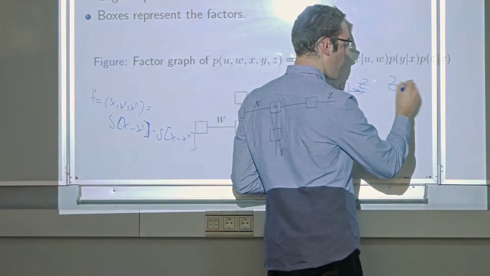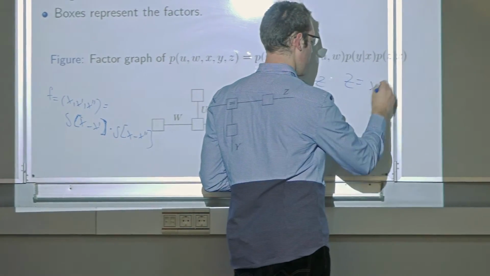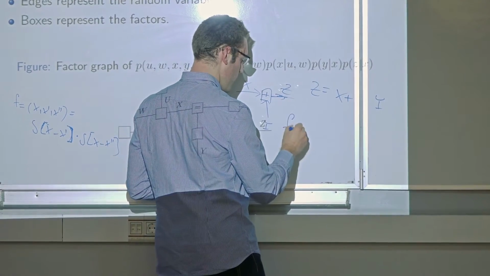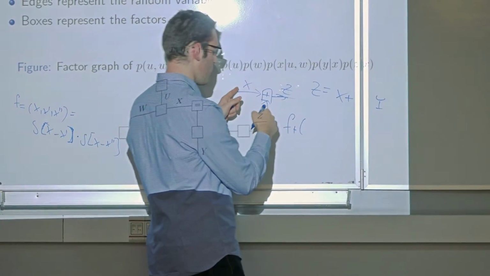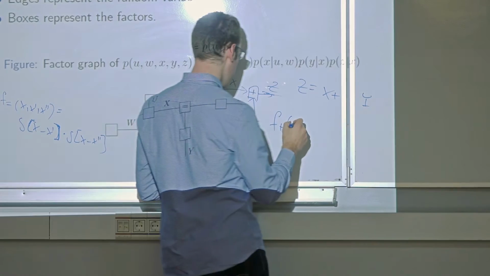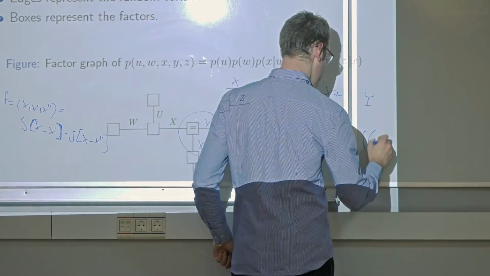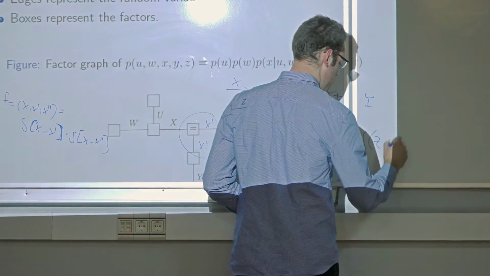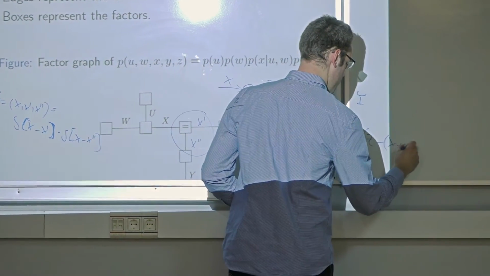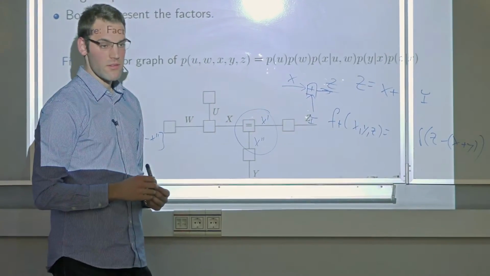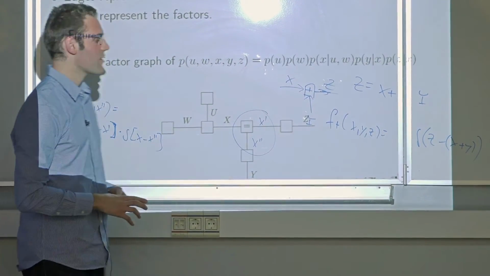When we have some hard constraints on the variables, z equals x plus y, you can write this factor f plus. It depends on all the edges it's connected to. So f plus of x, y, z is delta of z minus x plus y. Thus we establish some deterministic relations in our probabilistic model. Exactly, yes.